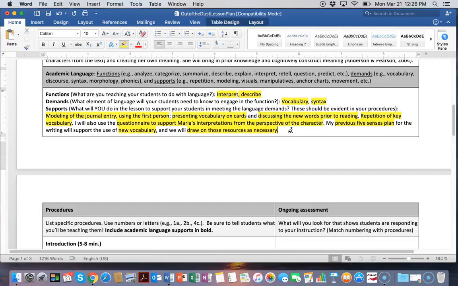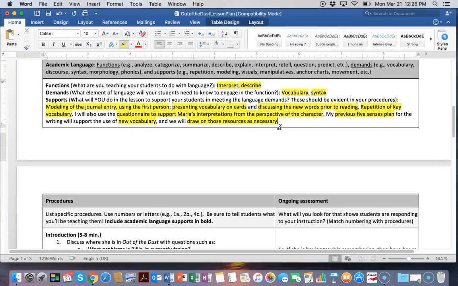And that's because when I'm reading your plan, I want to be able to know what to anticipate within your procedures in terms of the kinds of supports that you are going to offer. This is a way of me, in a sense, being able to get inside your head and think about how you're thinking about your instruction and the kinds of supports that you're going to offer.